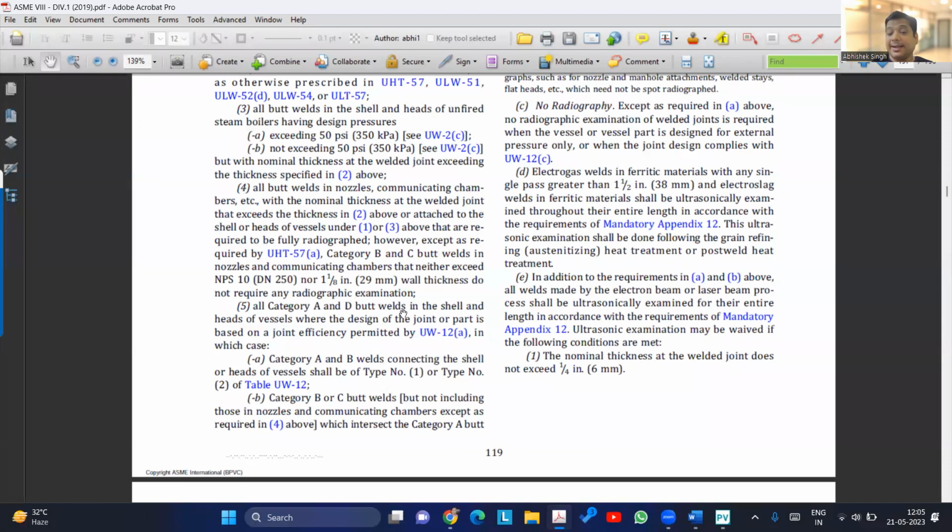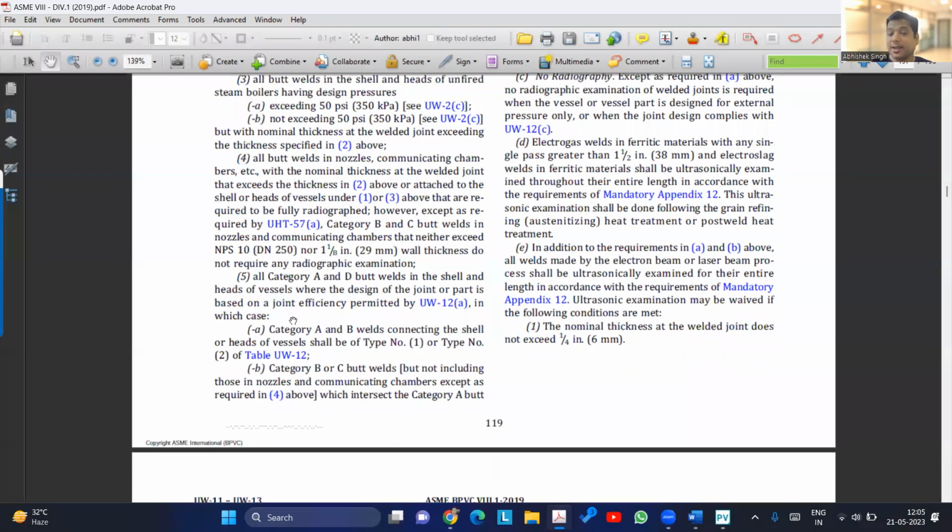So category A and D butt welds, where the design of the joint is based on joint efficiency permitted by UW-12(a), in which case there are 2 different cases. Category A and B welds connecting the shell or heads, by type number 1.